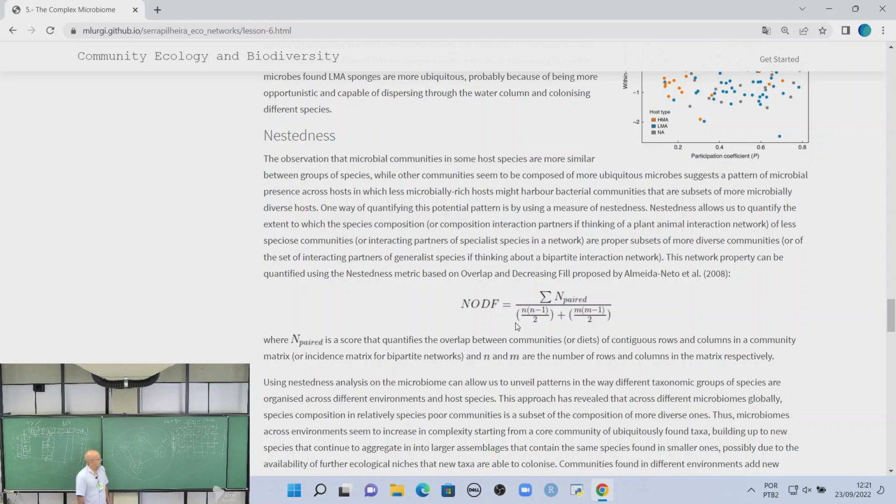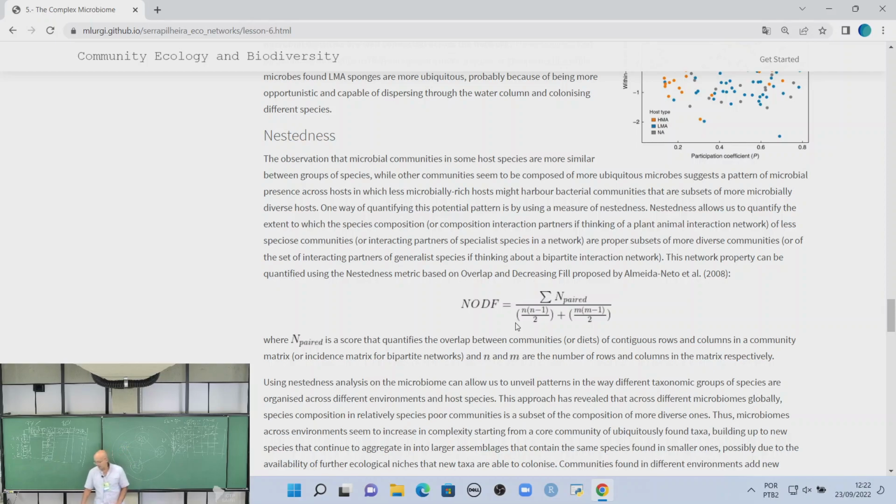So communities that show this pattern of nestedness are more likely to be stable than communities in which these connections are randomly placed. But for now, we are not going to look into these kinds of stability things here, but we are going to look at the patterns of nestedness in microbial communities.